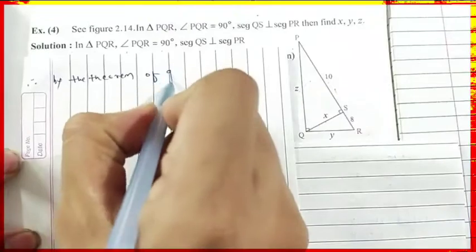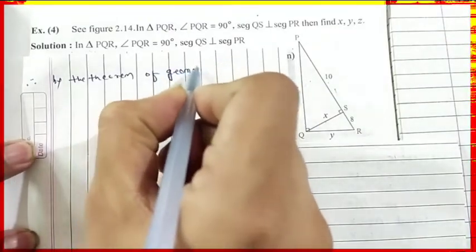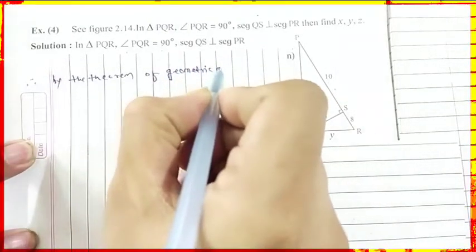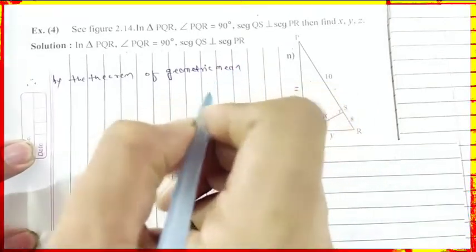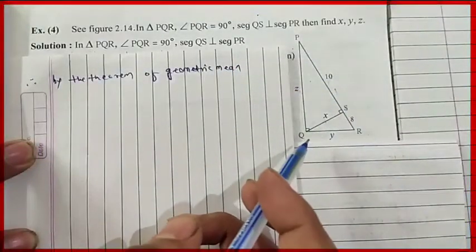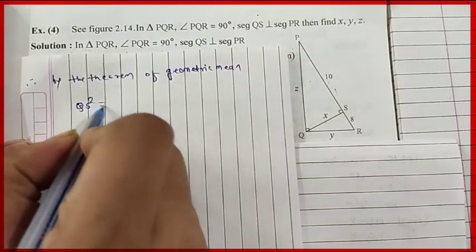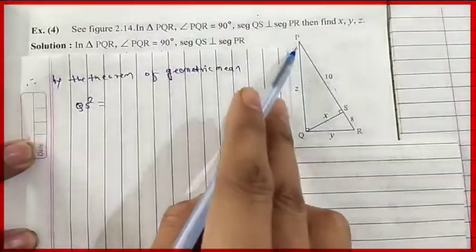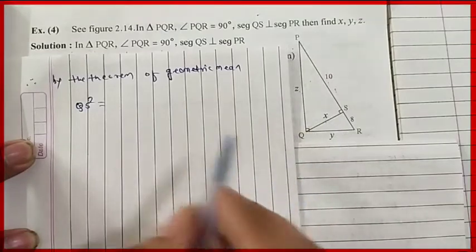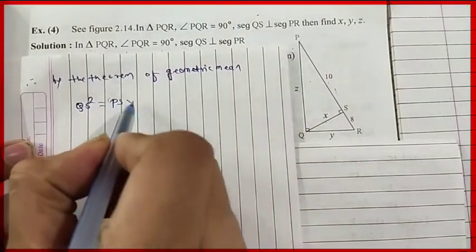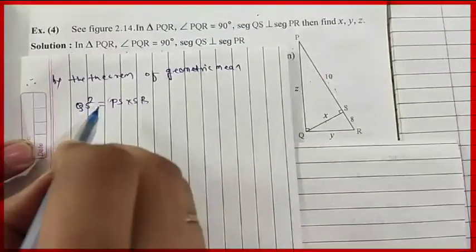Geometric mean. We can write square of QS, QS square equals PS into SR.